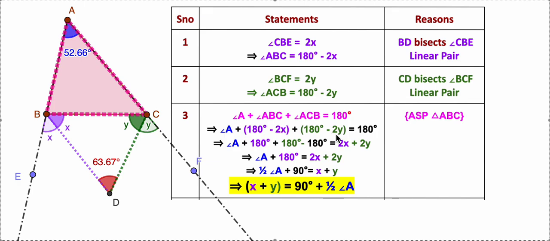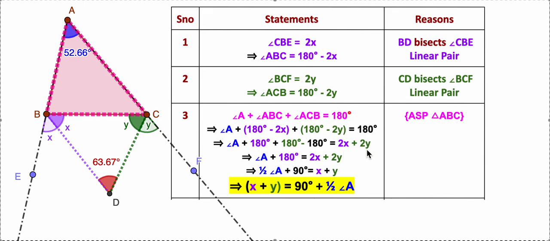After that, geometry is over and we are only going to look at the algebra. We are just opening this bracket because ये sum है. So angle A, 180, ये वाला 180 और इधर वाला 180 इधर आके negative 180 होगा because when we change side in the equation, sign is also changed. This was negative 2x here, becomes positive 2x.